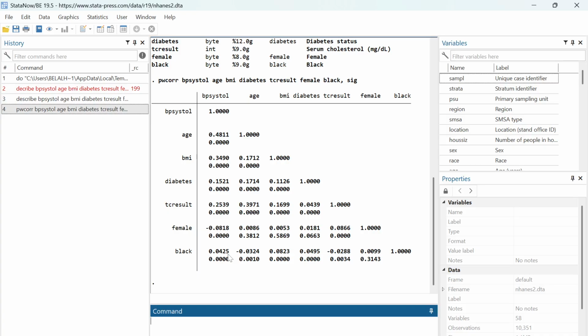Now, one more thing. What if your correlation is really too high, like 0.9 or 0.85, 0.95, in either direction, negative or positive? What if that is the case? When you have a very high correlation coefficient, you will have trouble if you go for advanced statistical analysis like regression.